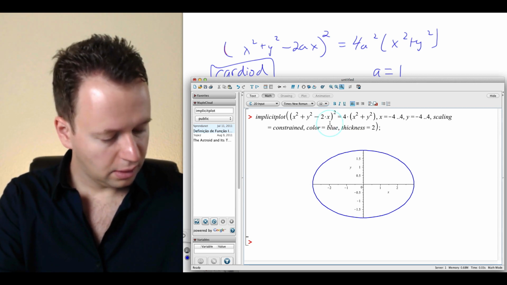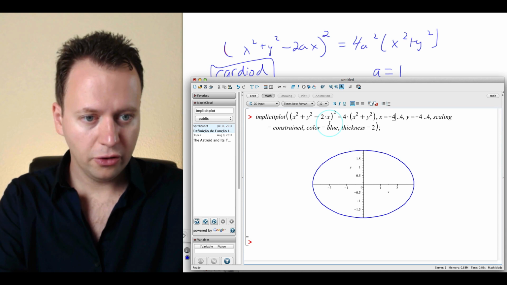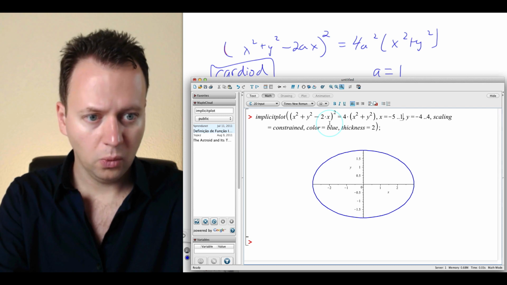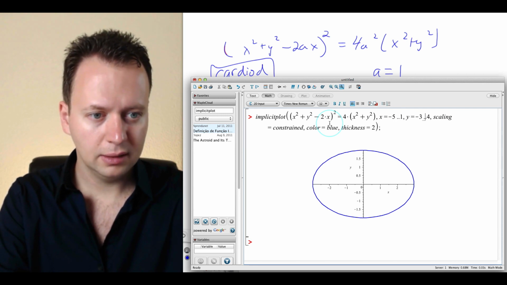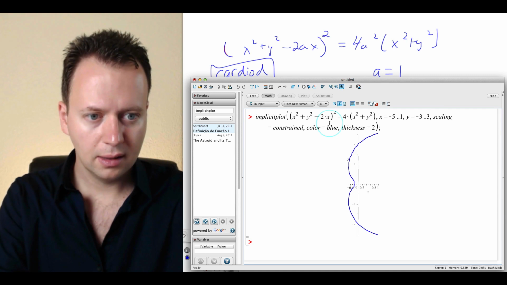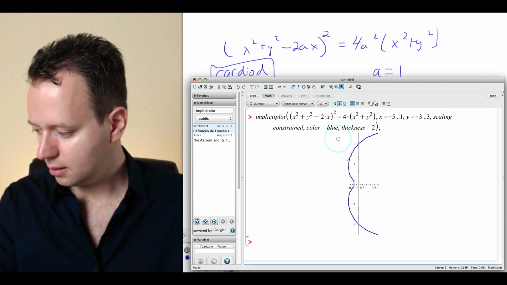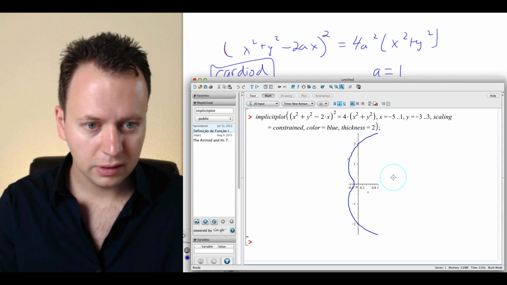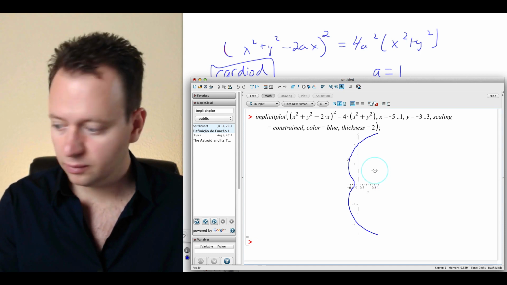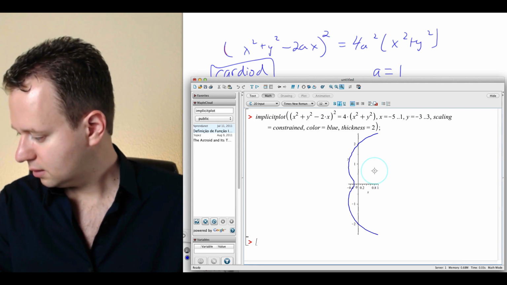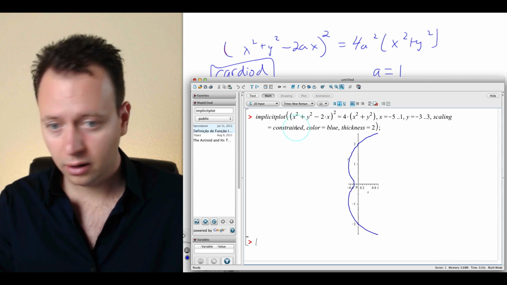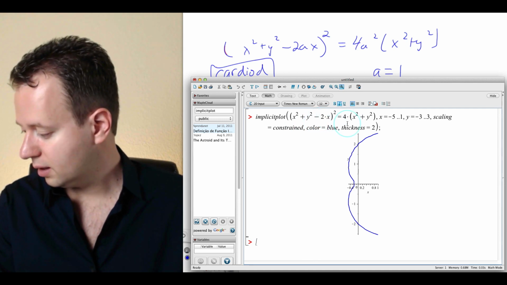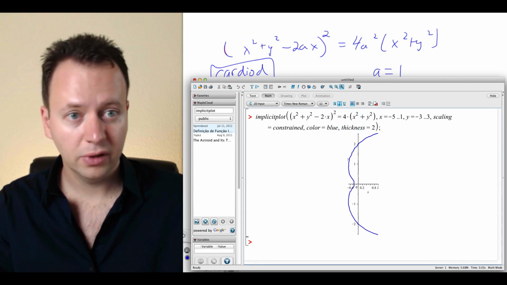And then to get a good view, we'll go from -5 to 1 in the x, and then -3 to 3 in the y. Interesting. So it's not exactly what I expected. So x squared plus y squared minus 2x, quantity squared, is equal to 4 times x squared plus y squared.